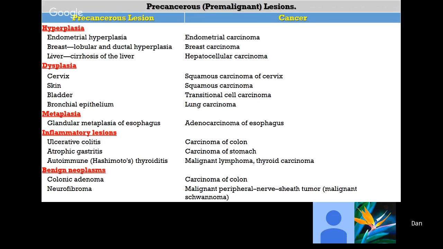So if an 80 year old female comes in saying, I had menses yesterday, I'm really happy, then think about endometrial cancer. Breast, any hyperplasia of the breast, lobular or ductal, can lead you to lobular or ductal carcinoma in situ.